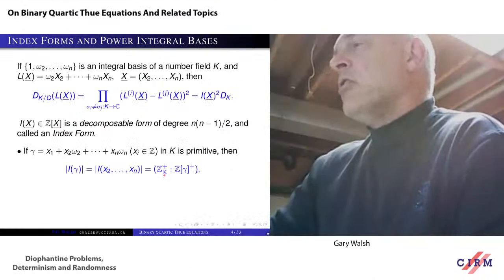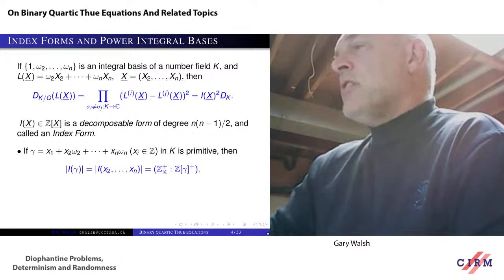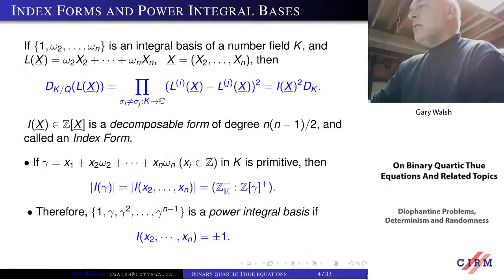So in particular, if this number is equal to 1, if we're able to generate the entire ring of integers, then in a way this number gamma is quite special, and we call powers of gamma a power integral basis.